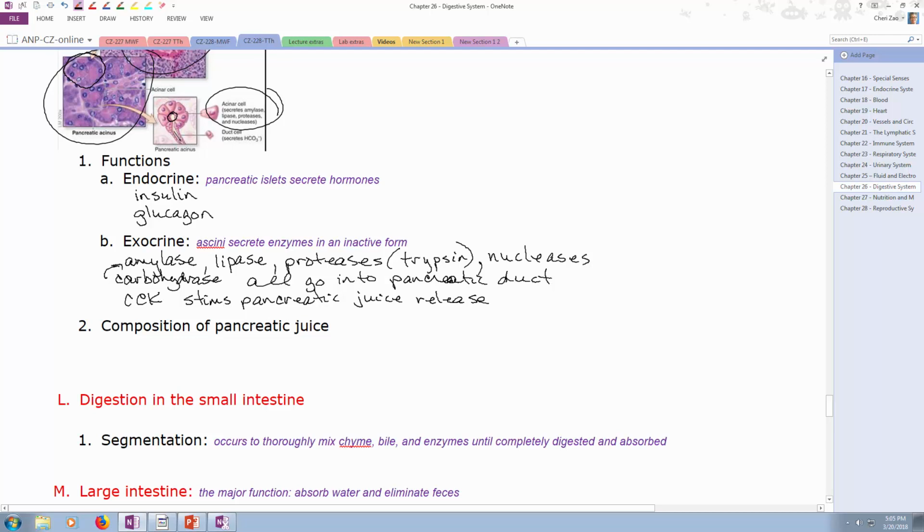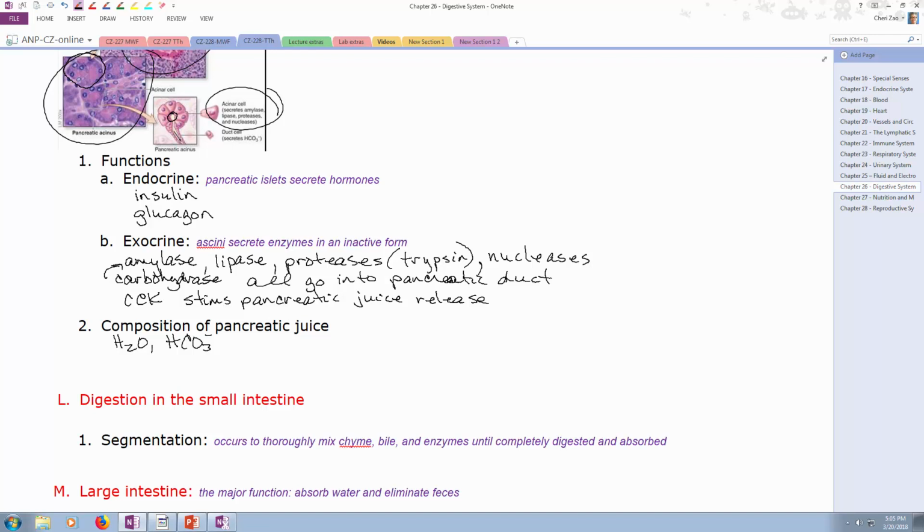The bulk of pancreatic juice is good old-fashioned H2O, but interestingly HCO3. Do you know what we want to call that ion? It's the bicarbonate ion. And what will that do to the pH if we add bicarbonate? Because it's an alkaline, it's designed to help neutralize our acidic chyme.